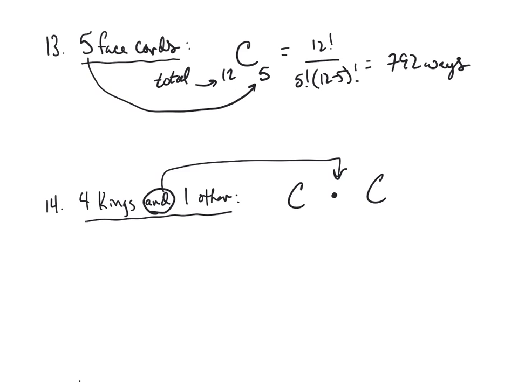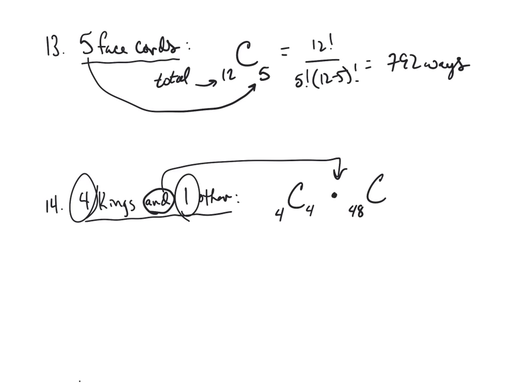How many kings are in a deck? So how many total kings are in a deck? 4. And how many are we being asked to select? We're being asked to select 4. So how many ways can you select 4 kings from the 4 kings? Okay? You might already know that answer. And then 1 other card, meaning 1 card that's not a king. How many cards in a deck are not a king? 48.